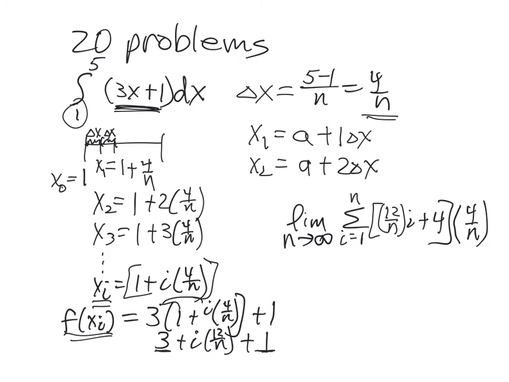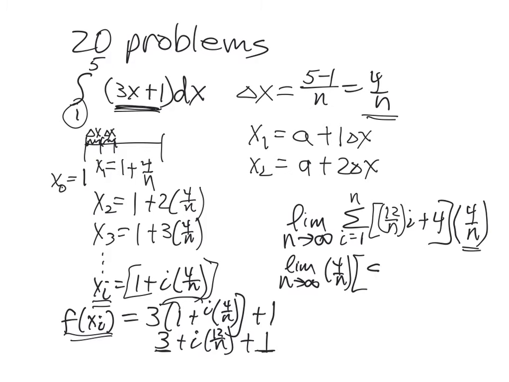Okay. Questions so far? So, let's see. Let's go ahead and... At this point, lots and lots of algebra. We could rearrange stuff lots of different ways. I like to go ahead and get that out in front of our summation.